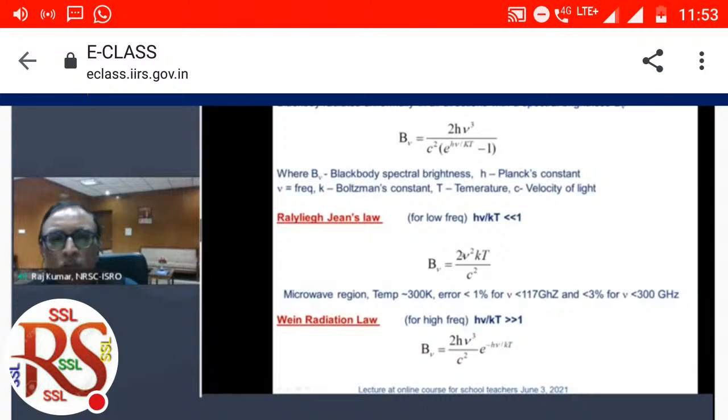Depending on the frequency you are working at, when you are working at a very low frequency, this law is simplified and the brightness temperature is directly related to the temperature, like in a microwave. Then for a very high frequency, the law can be approximated in different ways. This is just an example.